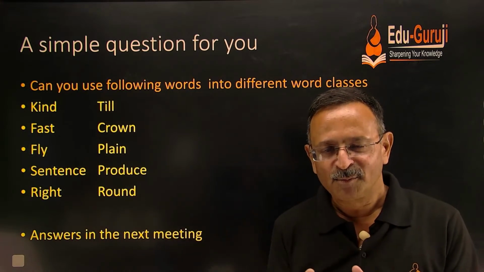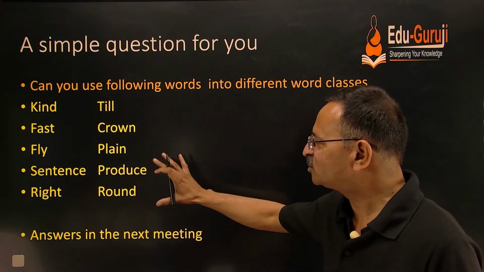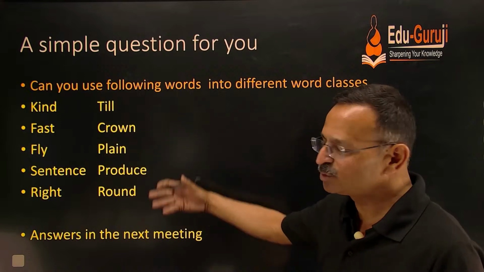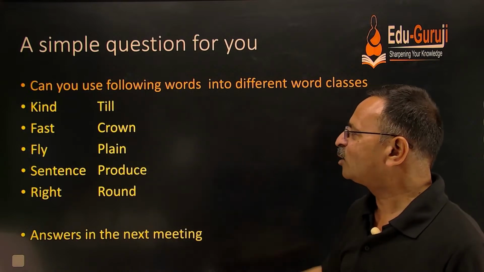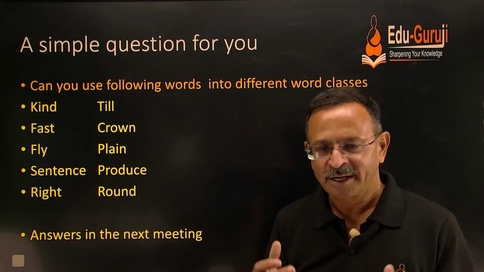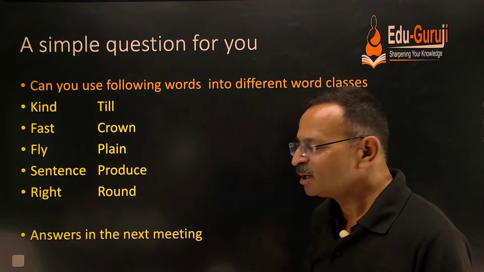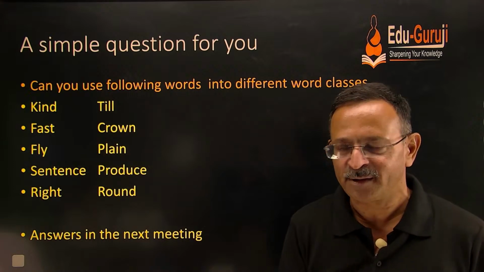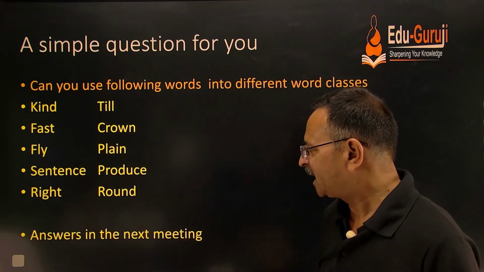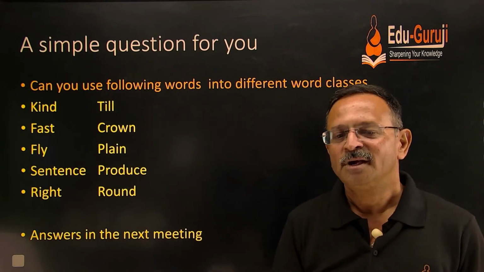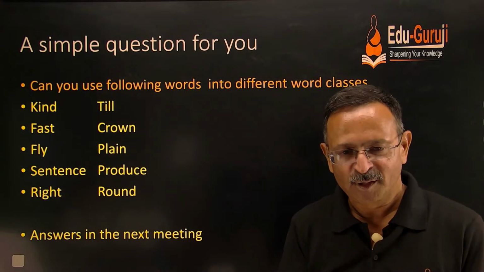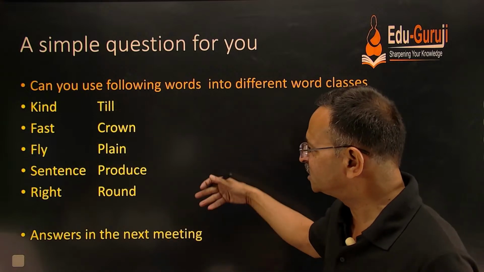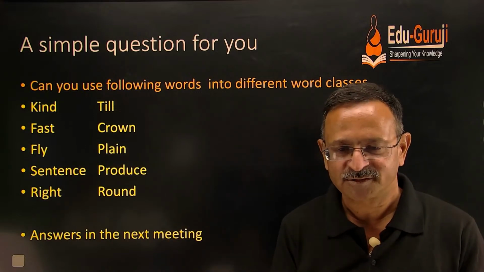Remember, these words can be used as a noun, a verb, an adjective, and an adverb. So try to use them in your own way, or find how they can be used and learn about them. If not, we'll meet in the next meeting and discuss how we can use these words as different parts of speech.